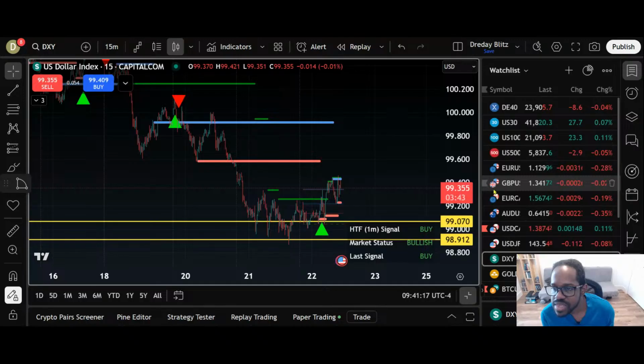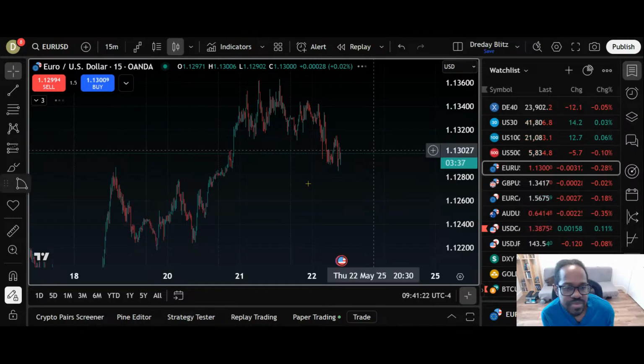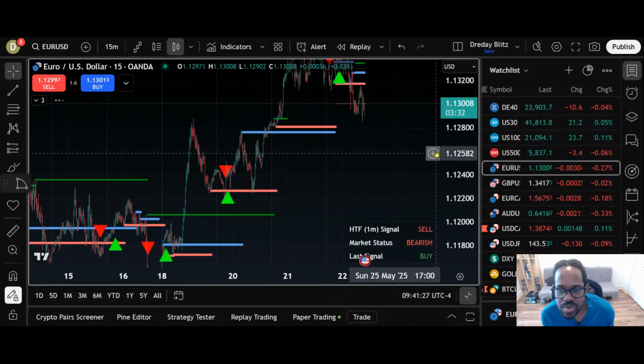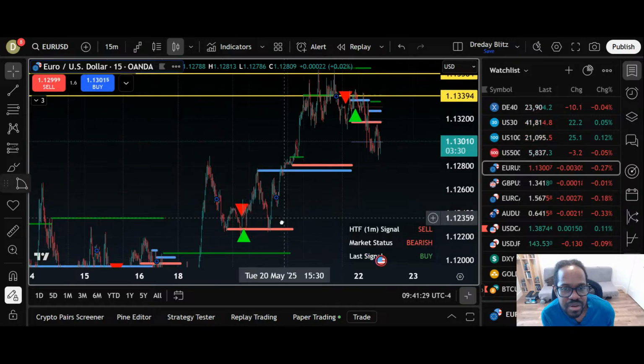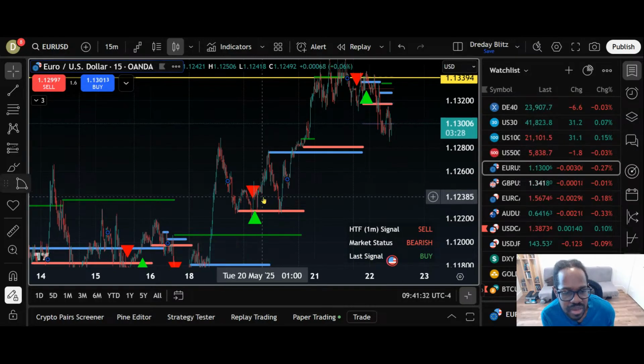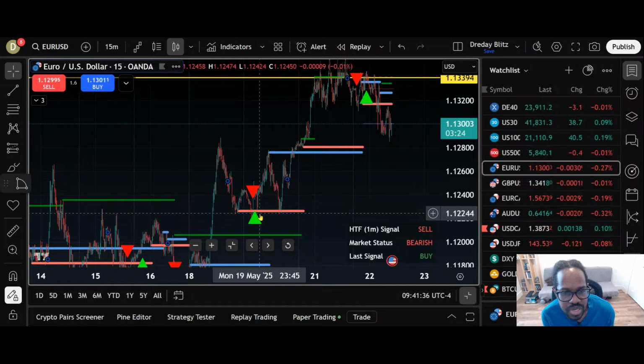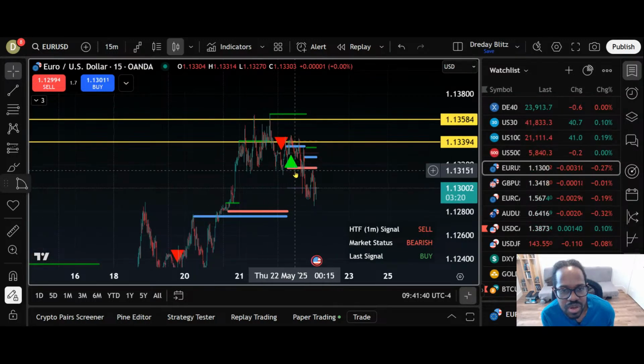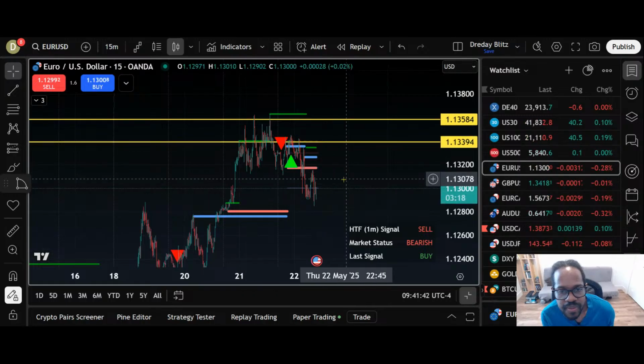So if we look at the EURUSD, boom. As you can see, it's the exact same thing. So we had a buy here on the 20th, Tuesday on the 20th. It was buying and then sold off. Now we're going lower.